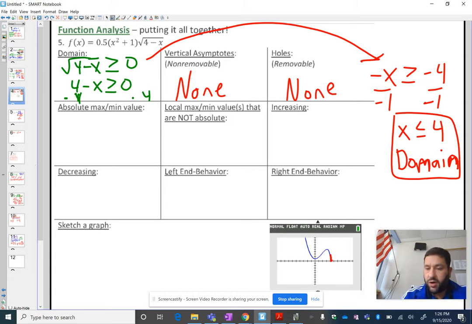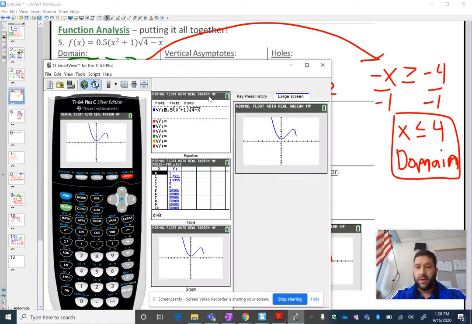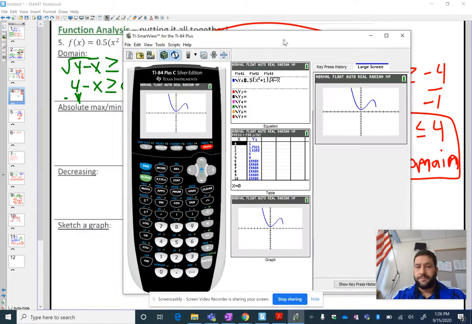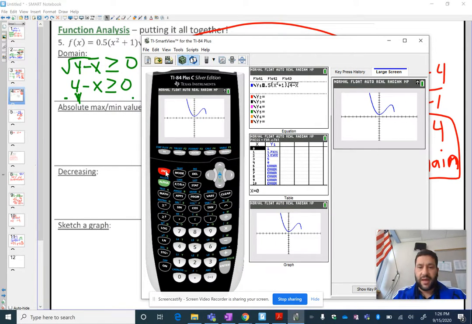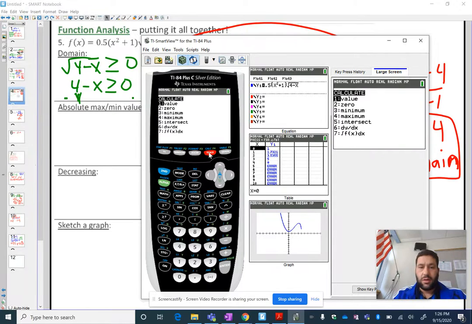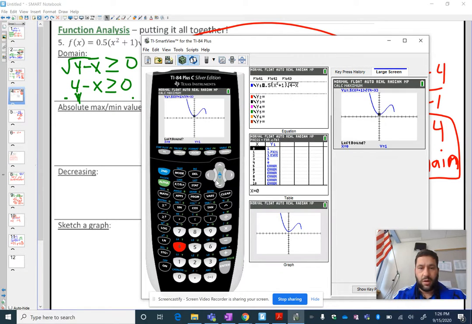Well, if we look at our graph, we see that we have a relative max at around x equals 3, but we want to find the exact value, which is why we put it in the graphing calculator. So if we look at our calculator, remember it's second calc, and in this case, we're going to look for a maximum, so option 4. We scroll over close to the point we're looking for.